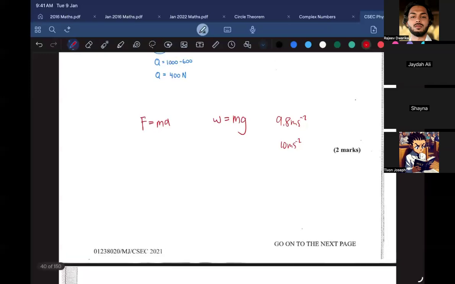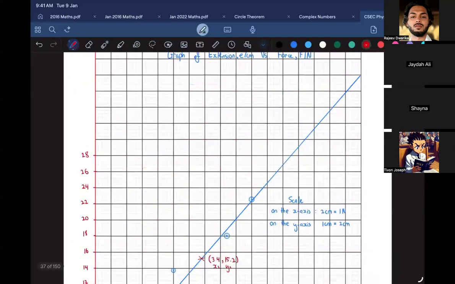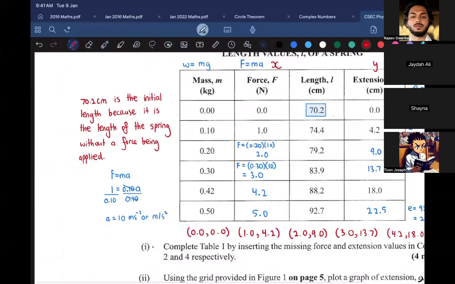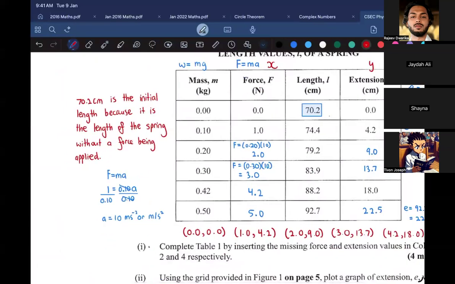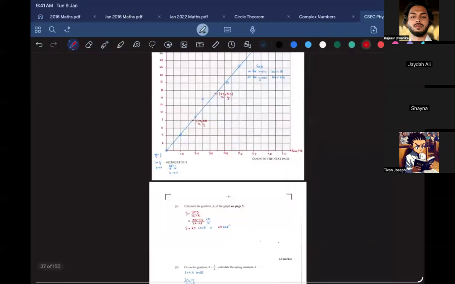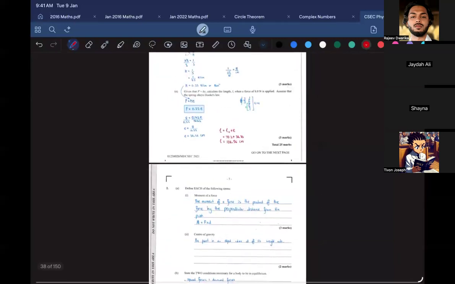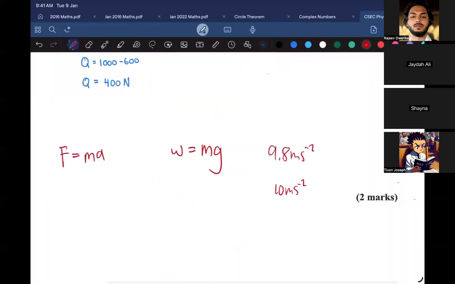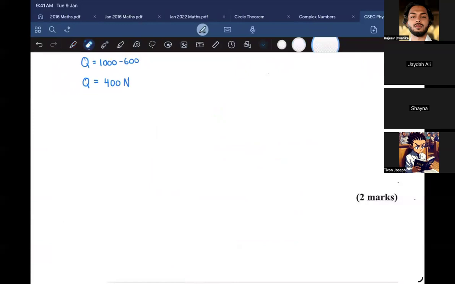In the case of the question we had, we realized that gravity or acceleration was 10. They had used 10, right? So you need to know this formula for force. And what else do you need to know? You should also know that the new length would actually be equal to the original length plus the what? Tell me, Jada. The extension. Perfect.